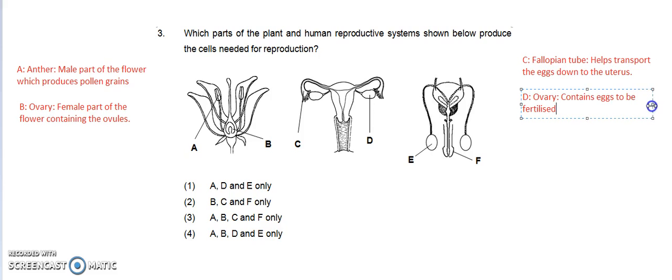It actually contains the eggs which need to be fertilized. E is the testis, which produces sperms.